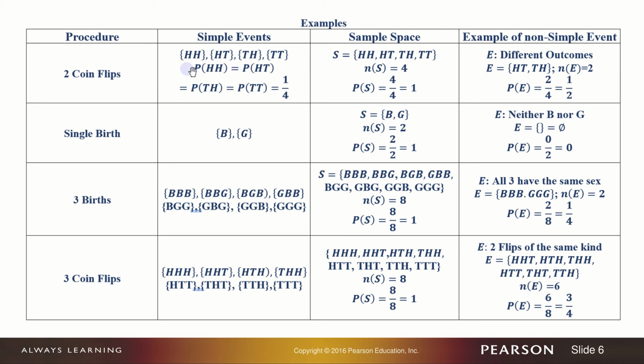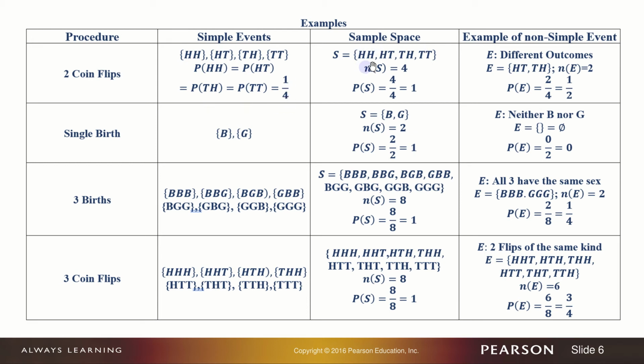So the possible simple events here are HH, in other words, heads on both flips, HT, first flip comes out heads, second flip comes out tails, and TH, the first tails, second heads, and finally TT, two tails. Notice that the probability of HH or HT or TH or TT, all of them are equally likely events, so the probability of each of them is 1/4.